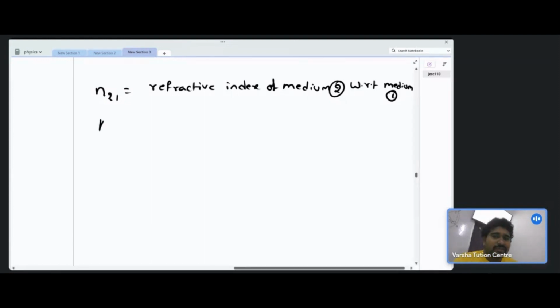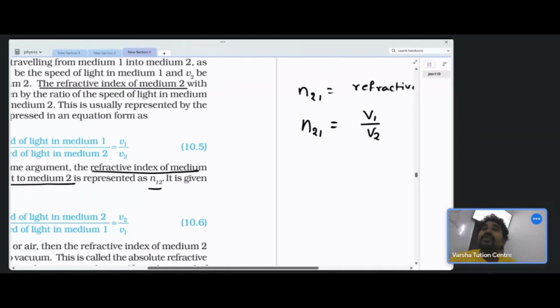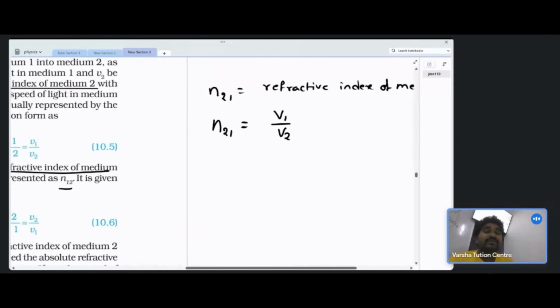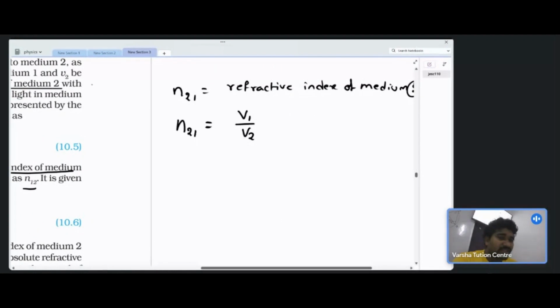So what is the formula, sir? n21 is equal to v1 by v2. What is v1? v1 is nothing but the speed of light in medium 1, divided by the speed of light in medium 2.